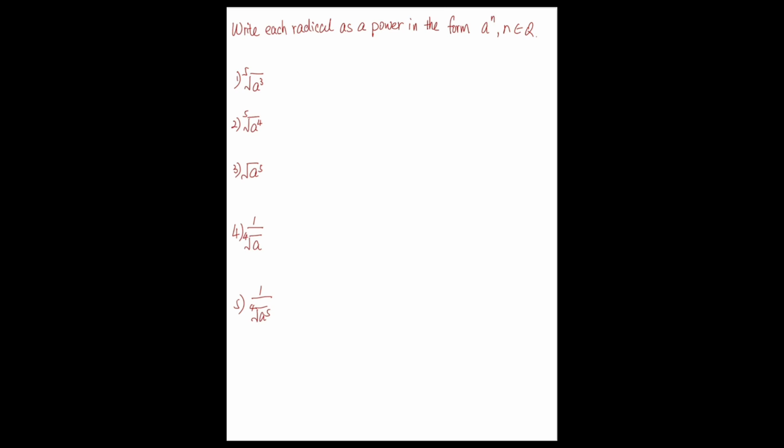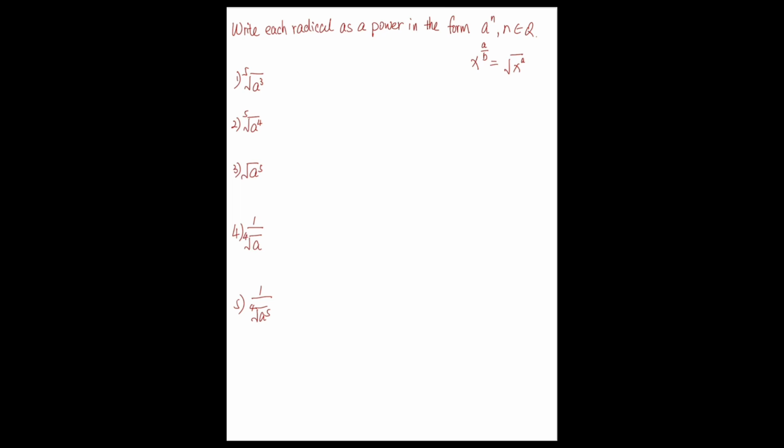Try to write each radical as a power in the form a to the power of n. Let's do it together. The first here is the general formula: x to the power of a over b, we can rewrite as the b-th root of x to the power of a.